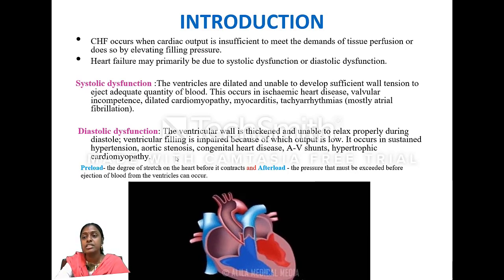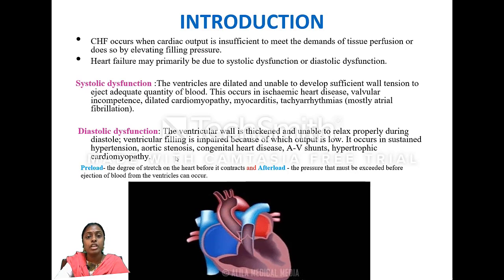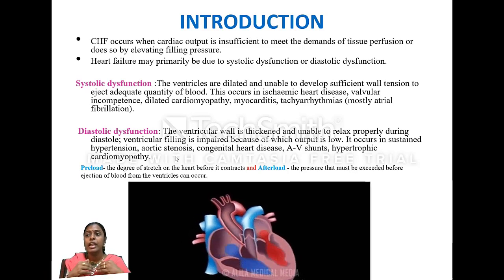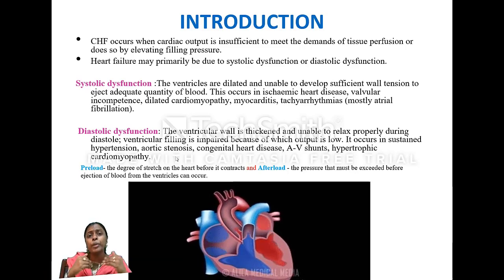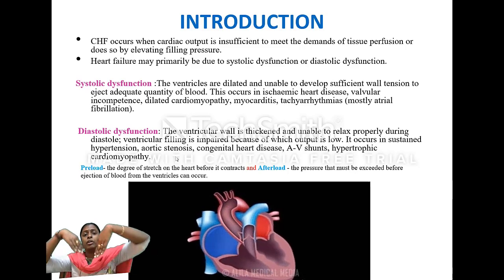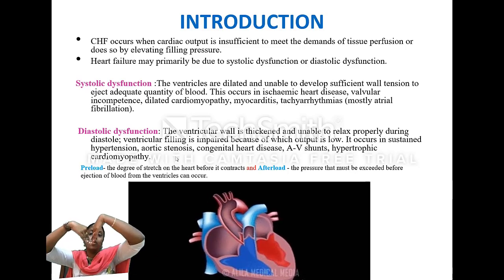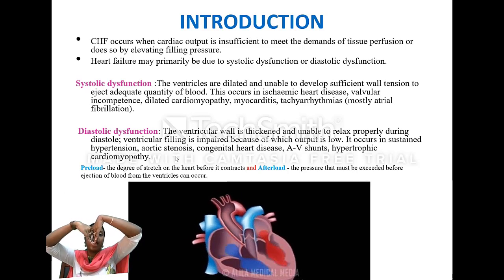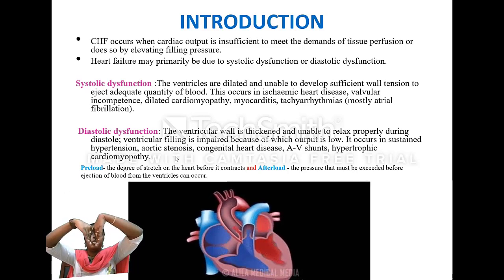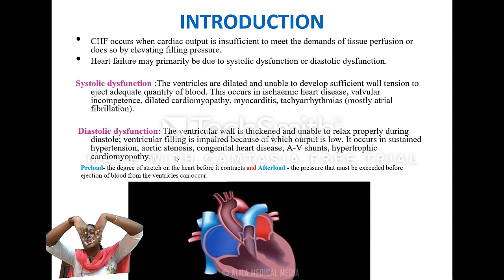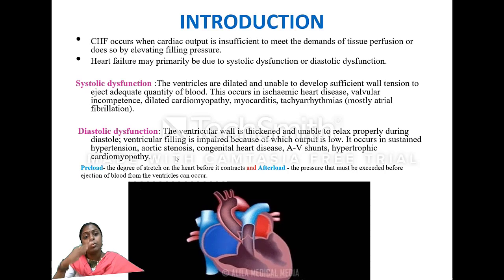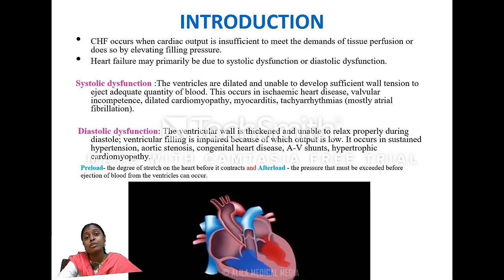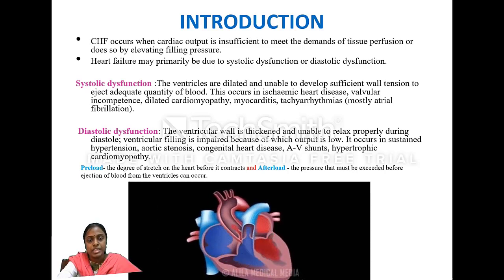Aortic stenosis is where the aortic valve gets narrow, and it won't open properly. For example, this is the aortic valve. When aortic stenosis happens, it won't open like this. It has to open fully, but here it will open this much only. So what will happen? It won't supply sufficient blood to my whole body, isn't it?